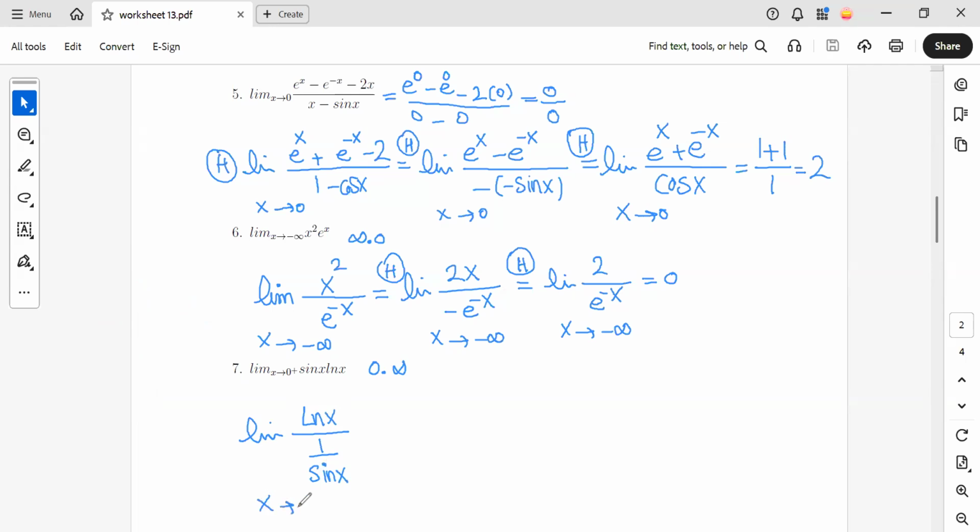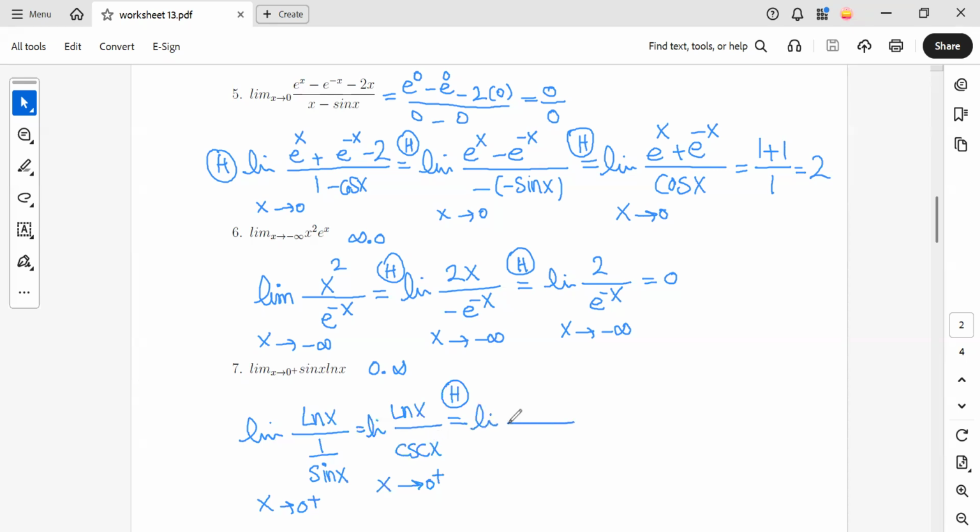Because if I write it this way, when x is approaching 0 from the right side, it will be limit of ln of x over cosecant of x, because of the definition: whenever you have 1 over sine of x, it is cosecant of x. Now we are allowed to use L'Hopital because it will be infinity over infinity.